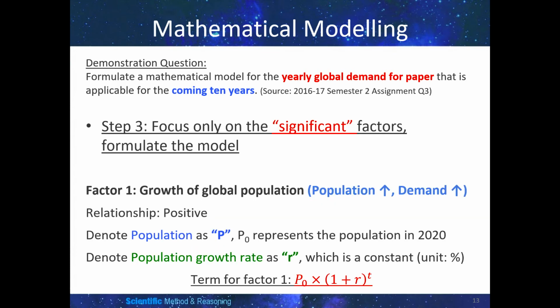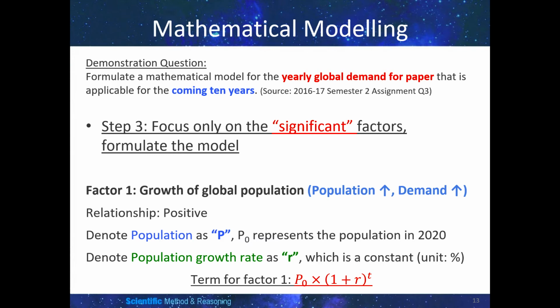Now, let's move on to the third step. We focus only on the significant factors to formulate the model. Let's look at the first factor, which is the growth of global population. The higher the population, the higher the demand. So one goes up, another goes up too. This relationship is positive.